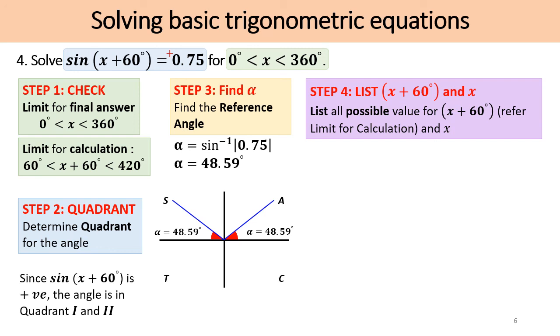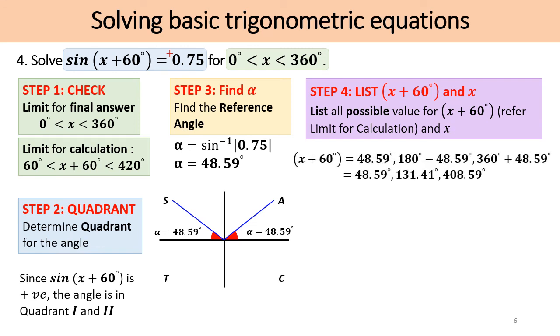The last step is to list all the possible values. First, we list the values for x + 60 degrees. We will have x + 60 degrees equal to 131.41 degrees as well as 408.59 degrees.